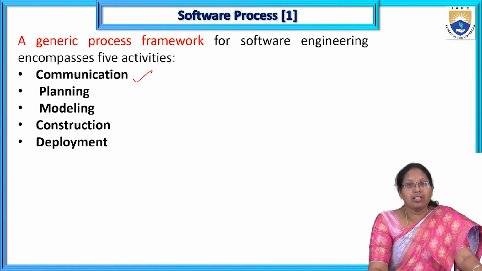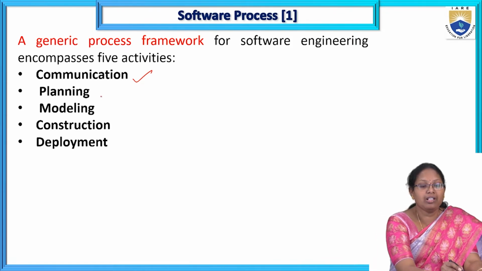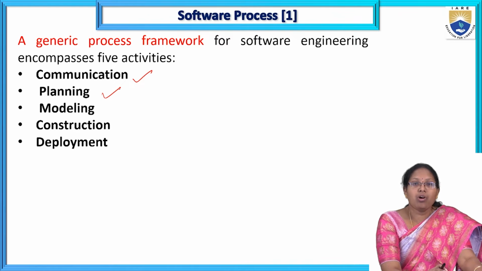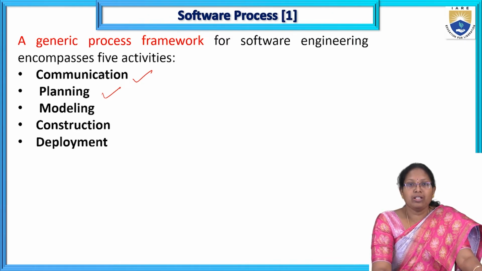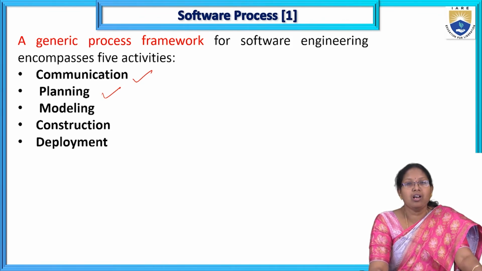Next phase is planning. How can we do the project? What planning activities are made, like project scheduling, cost estimation and budget estimation? All those things are covered in planning.